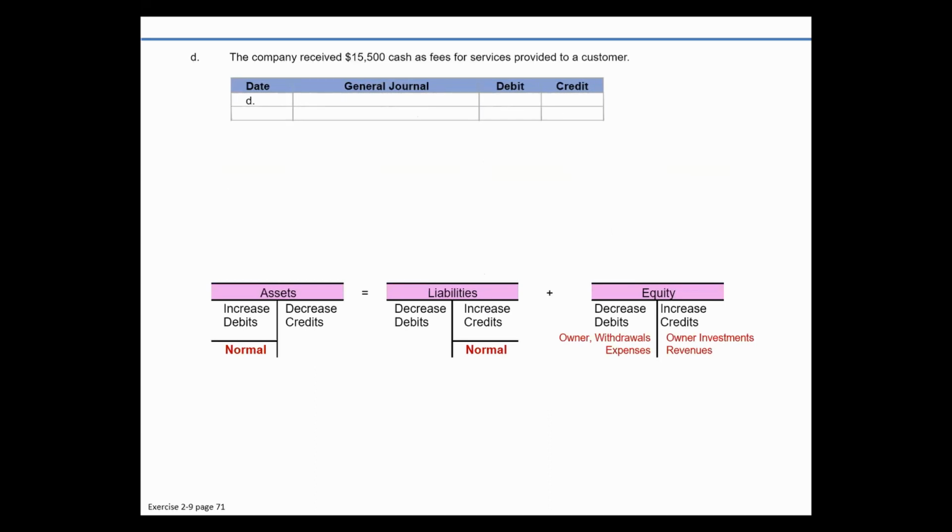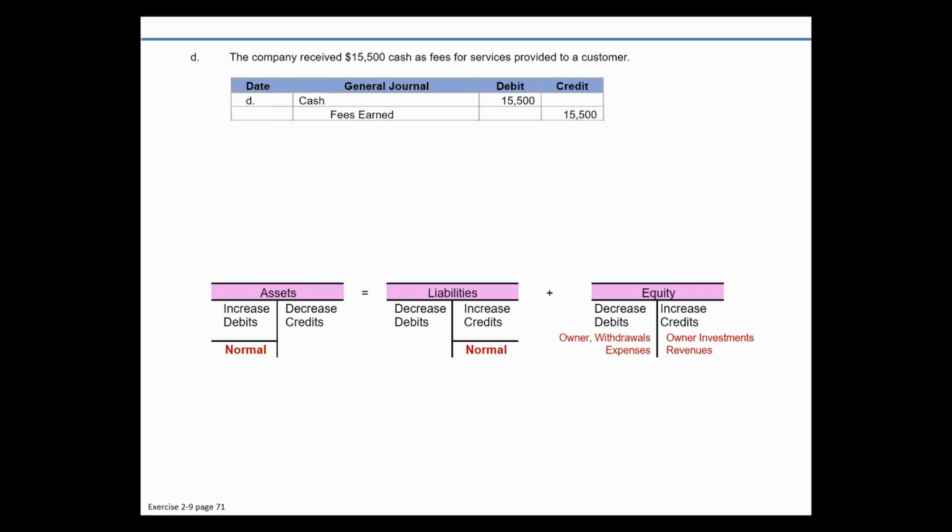The company received $15,500 cash as fees for service provided to a customer. This time I would debit cash because I'm receiving cash from my customer. Cash is an asset, and it increases with a debit, so 15,500. It was from revenue.